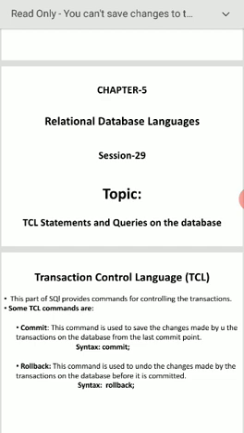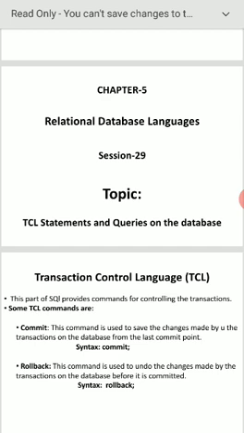Already the database is there. I made some changes. If you want to save that, we can use the commit command. It can be given to commit that operation, that means permanently.